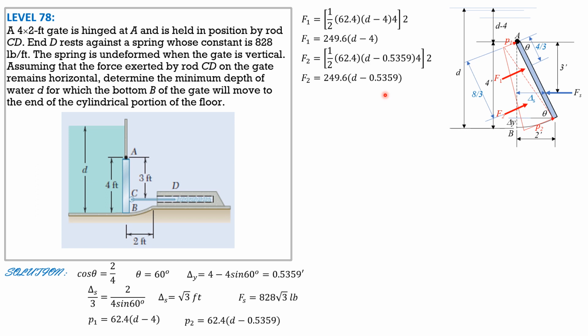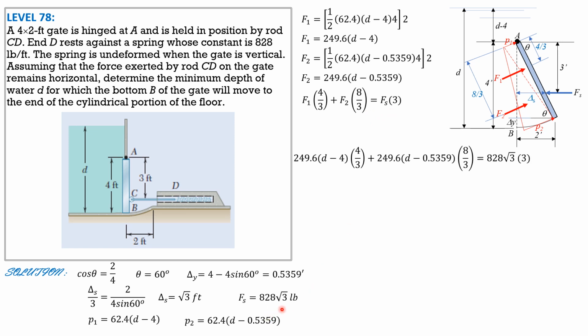Then summation of moment about A equals 0. F1 times 4/3 plus F2 times 8/3 equals Fs times 3 feet. Substitute the value of F1, which is 249.6 quantity D minus 4 times 4/3, plus F2, 249.6 quantity D minus 0.5359 times 8/3, equals 828 square root of 3 times 3.